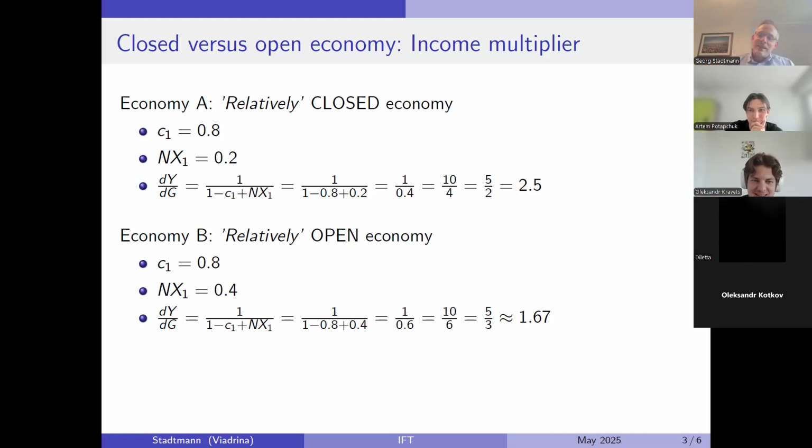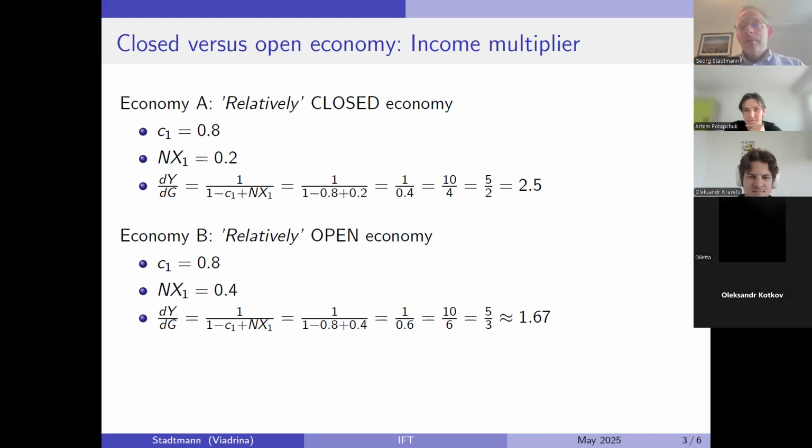He has 100 euros, so he spends 50 on beer. Yeah, when C1 is 0.8, Alexander. 80. Wow, oh, great. Okay, the construction worker has 100 euros more in the pockets.